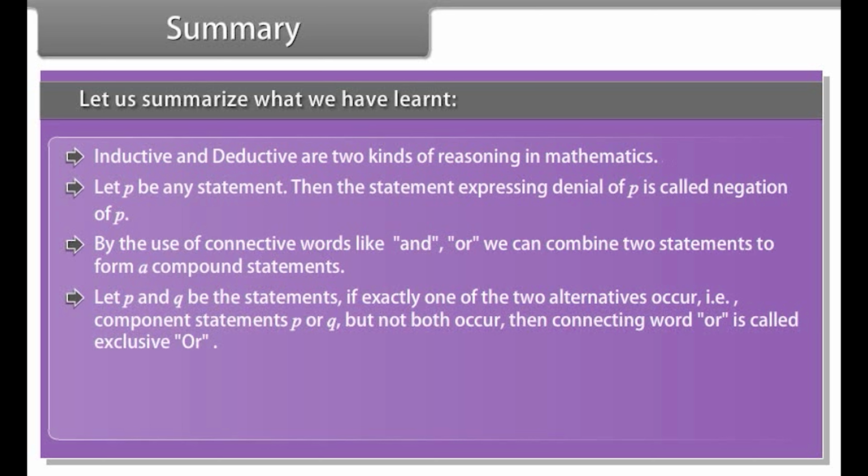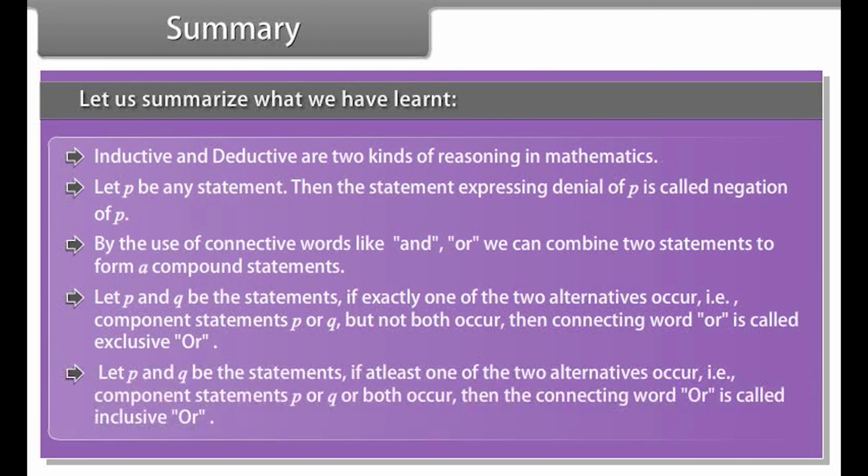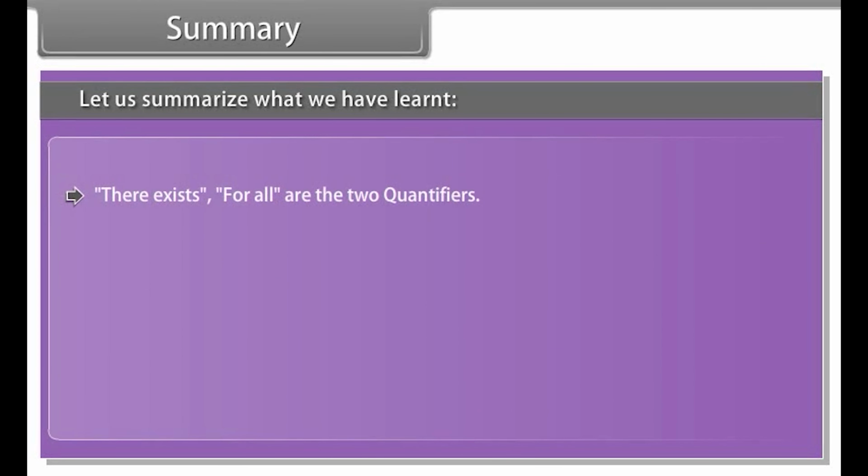then the connecting word or is called exclusive or. Let P and Q be the statements. If at least one of the two alternatives occurs, that is, component statements P or Q or both occur, then the connecting word or is called inclusive or. There exists and for all are the two quantifiers.